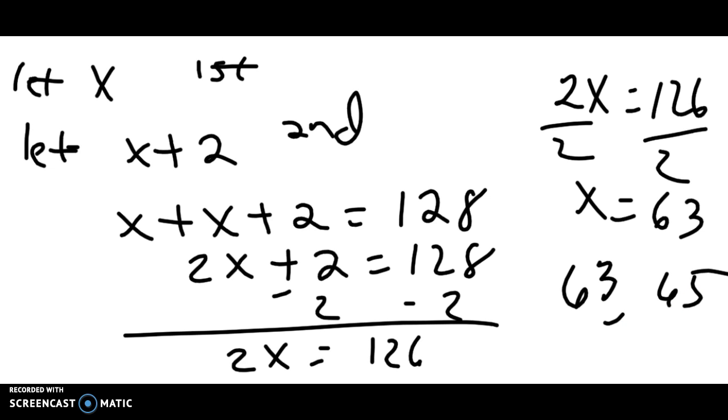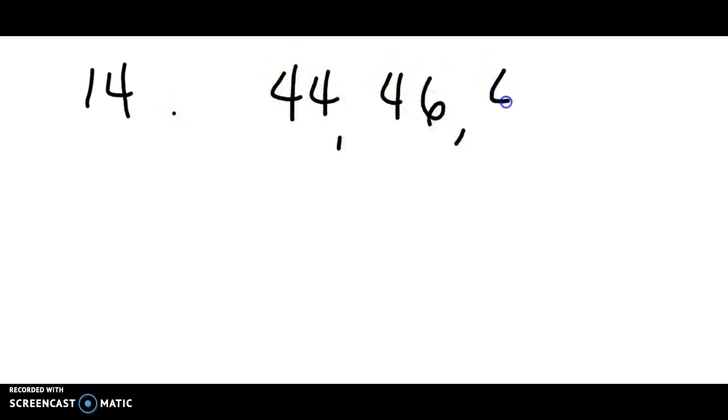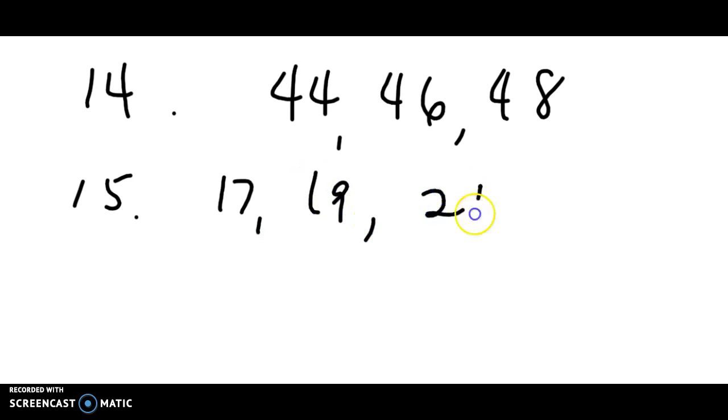Okay, you're going to do 14, 15, and the challenge. So pause it, do the problems, and then come back, check your answers. So 14 is 44, 46, and 48. 15 is 17, 19, 21.